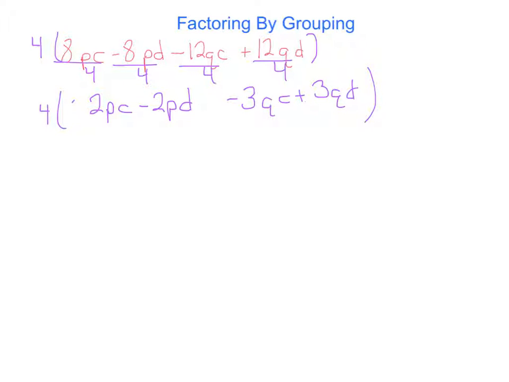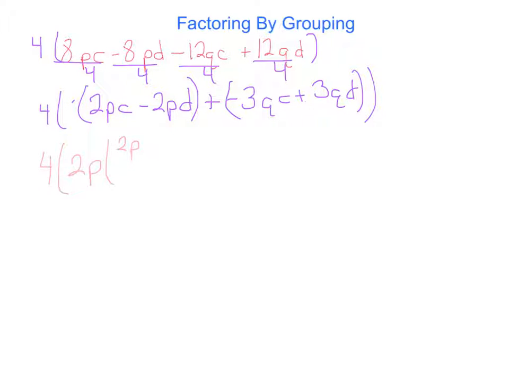Okay, and I left the space there because now we're going to put these in 2 groups. Notice the minus sign goes in the parentheses with it. So I need to put a plus sign out here to separate them. Now look at each of these 2 groups and see what your common factor is. In this first group, they have a 2p in common.